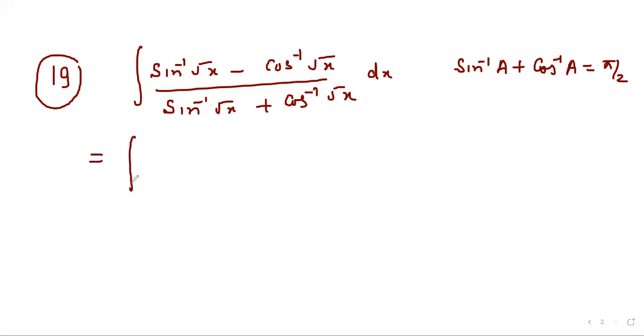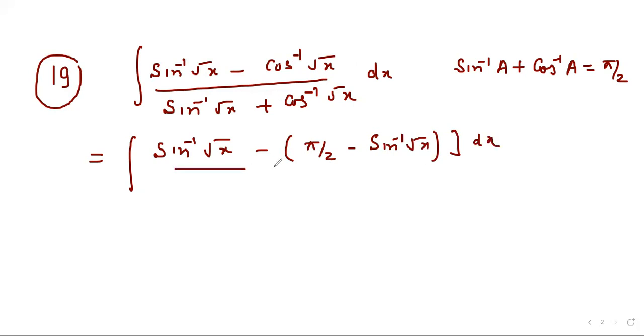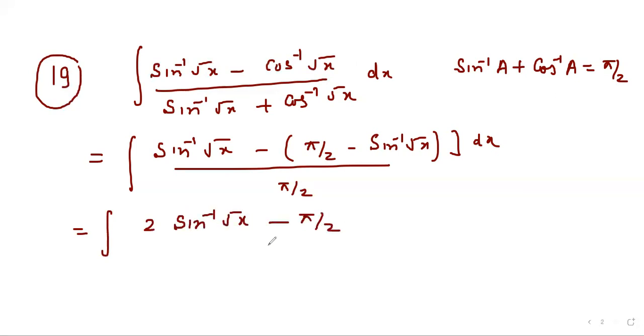So integration of (sine inverse root x minus (pi by 2 minus sine inverse root x)) dx divided by pi by 2, which will be equal to twice of (sine inverse root x minus pi by 2) divided by pi by 2, dx.